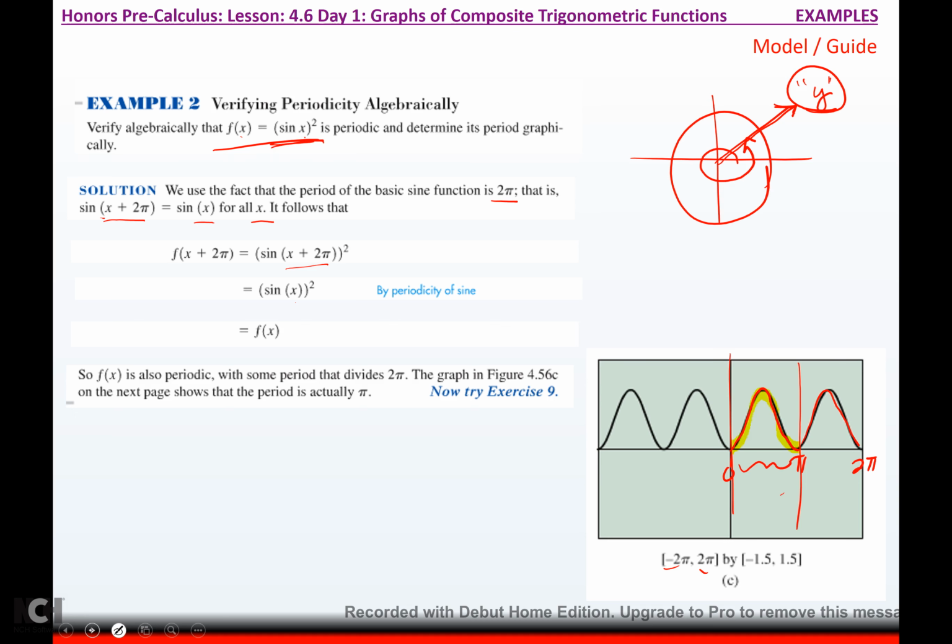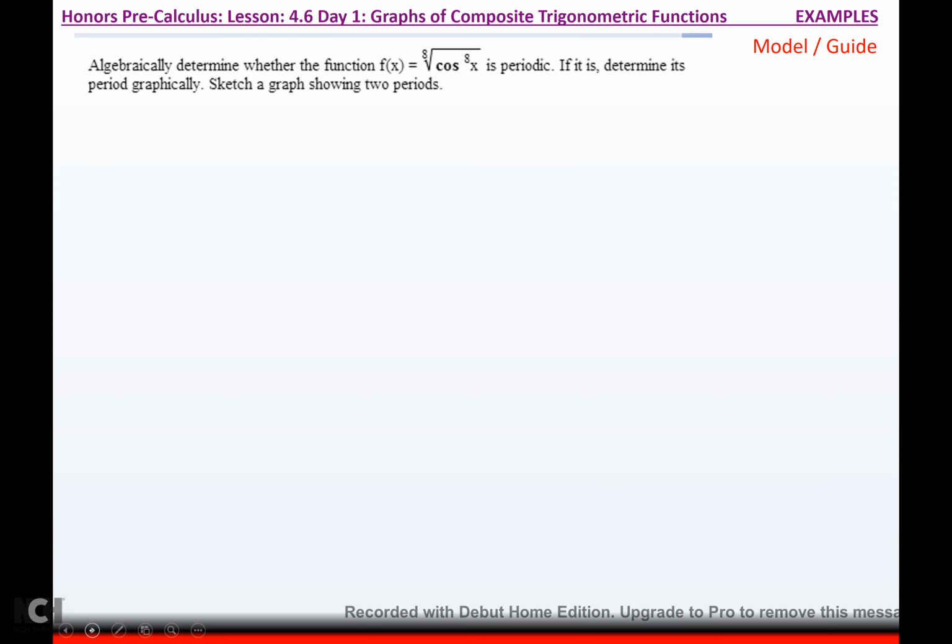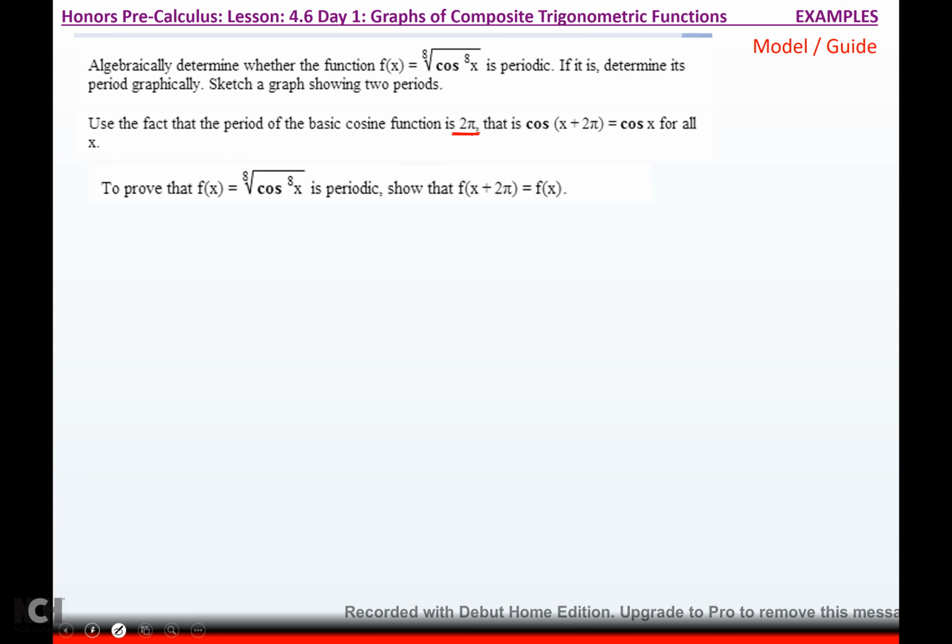All right, so this one says algebraically determine whether the function is periodic. If it is, determine its period graphically. Sketch a graph showing 2 periods. So again, the cosine function's period is 2 pi, so if I replace x with x plus 2 pi, I would get this.